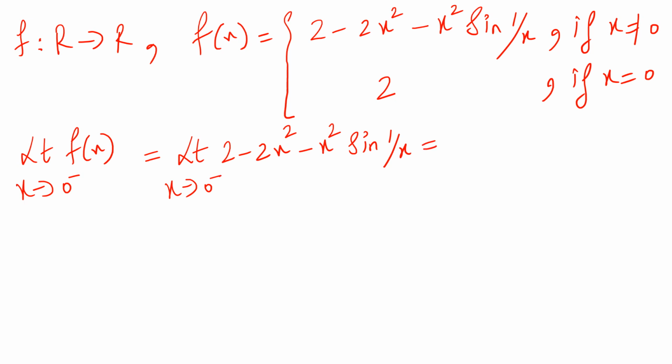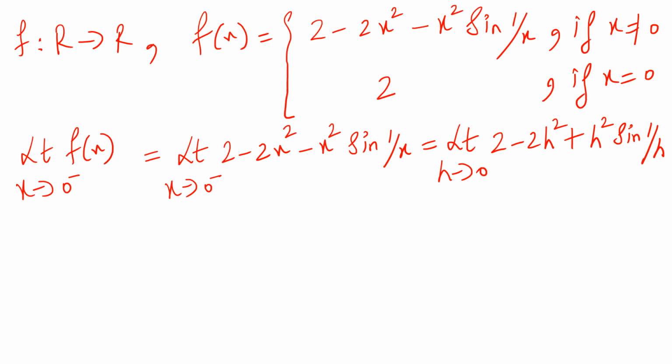Now just replace x by minus h where h is approaching 0. So this becomes equal to limit 2 minus 2h square plus h square into sine of 1 upon h, h tending to 0. Because sine of minus 1 upon h becomes equal to minus sine of 1 upon h.